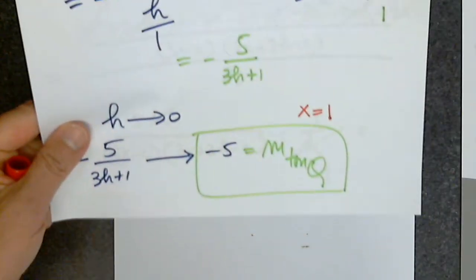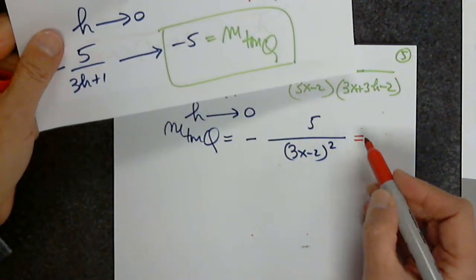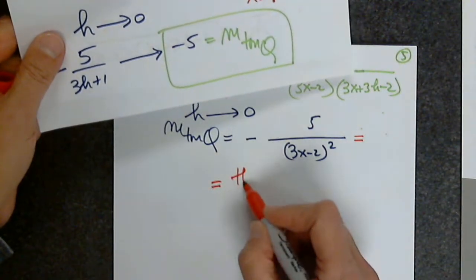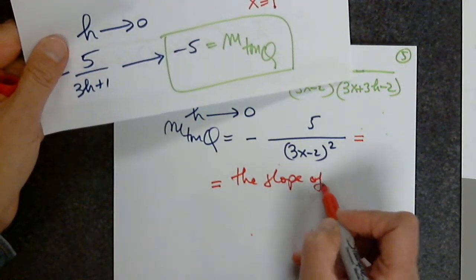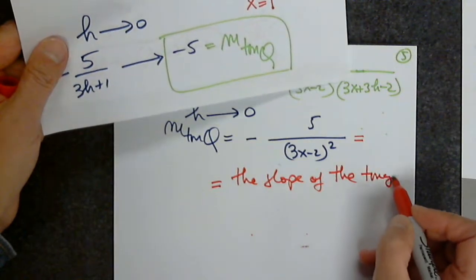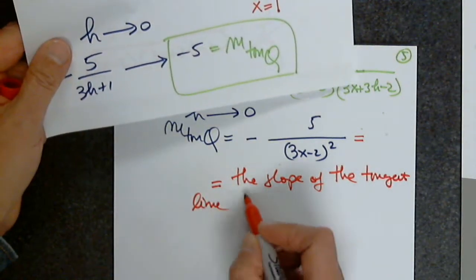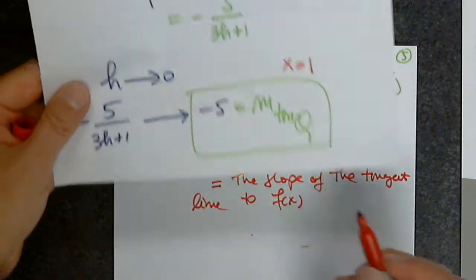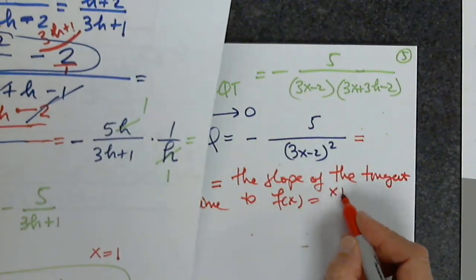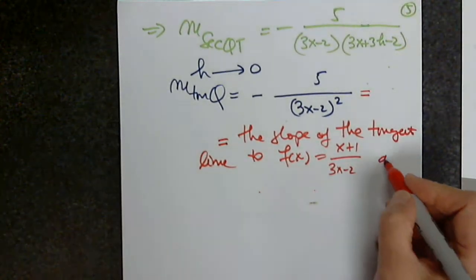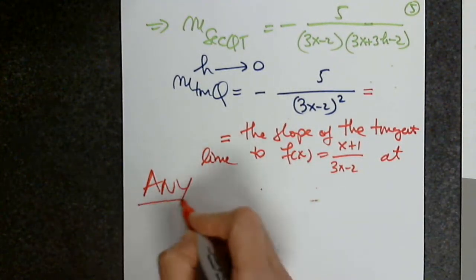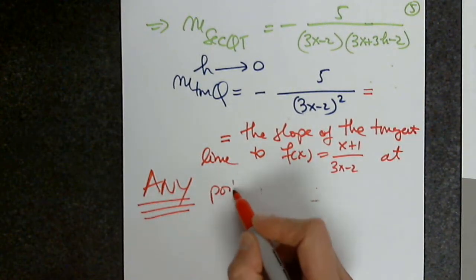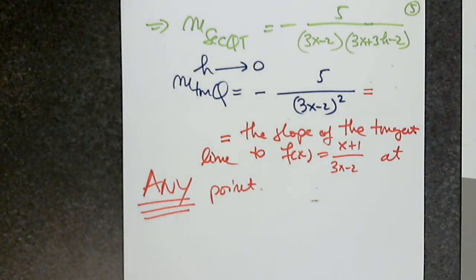Of course. Because this is nothing else but the slope of the tangent line to f of x, which is x plus 1 over 3x minus 2, at any point where, of course, the function is differentiable, but we don't know that yet.